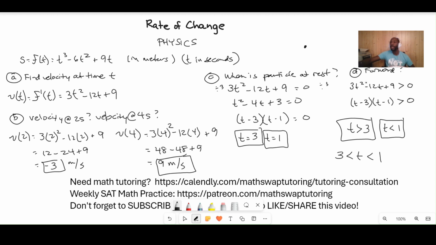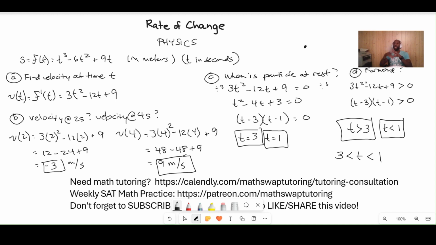Anyhow, this is a way that rate of change can apply to physics. You can apply it to various other sciences. For example, in my book here, they talk about chemistry, specifically the rate of change of reaction of molecules, and biology, the rate of growth of an animal population, and so on.